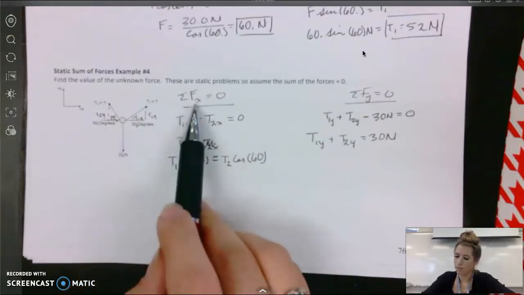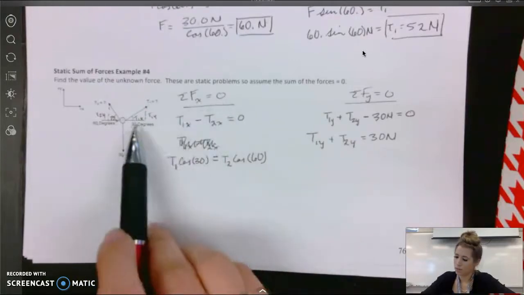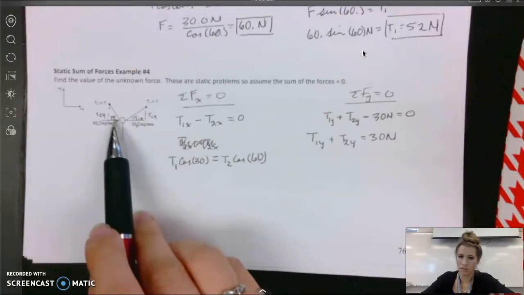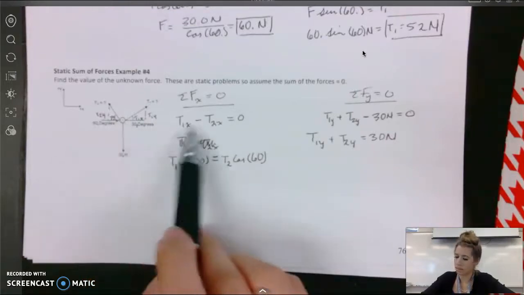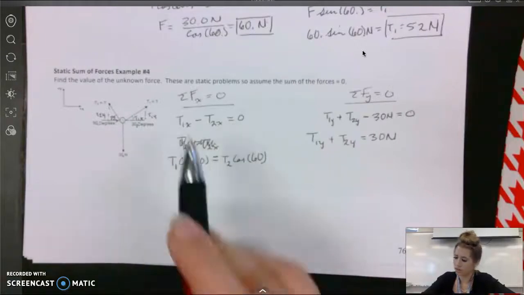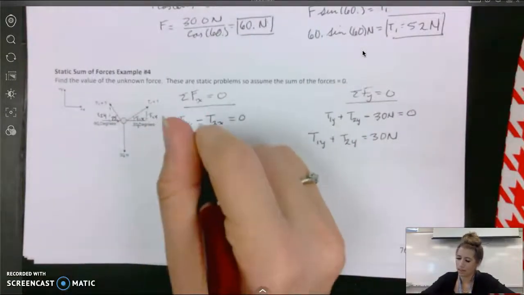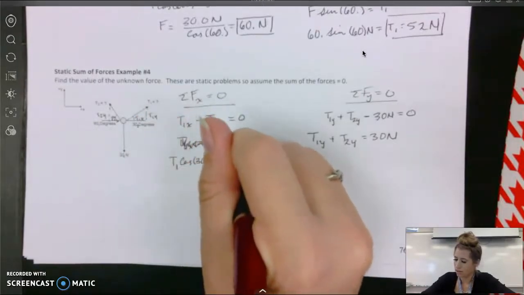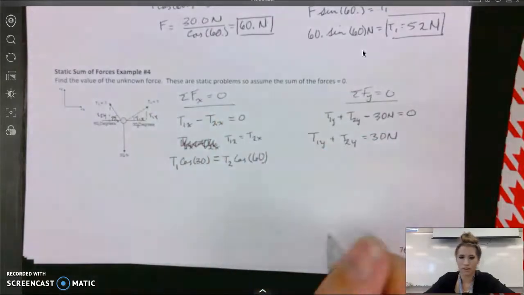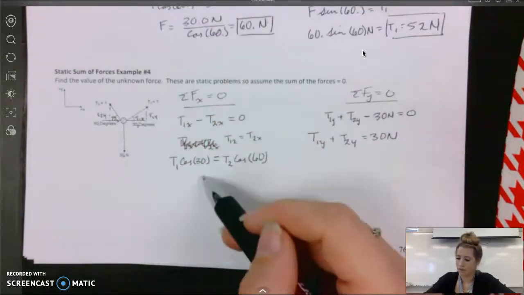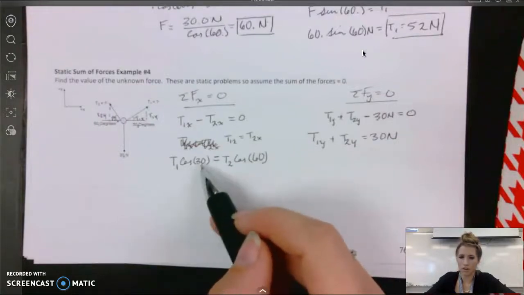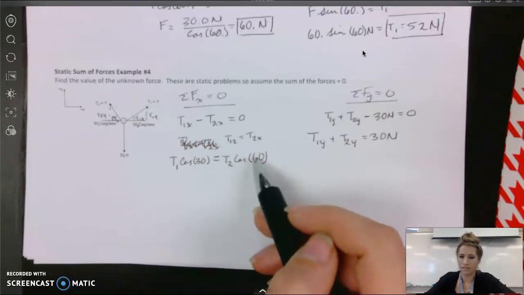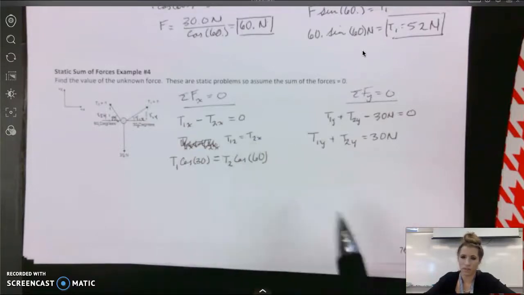So if I look at the sum of the forces in the x direction, that would be a positive T1 in the x minus T2 in the x, and those are the only forces in the x direction, and that's going to equal 0. If I want to, I can add that T2 to the other side, and so what I had written before, T1 in the x is equal to T2 in the x. And then I laid out what those were. T1 cosine 30 is the same thing as T1 in the x, and then T2 cosine 60, that's the same thing as T2 in the x.